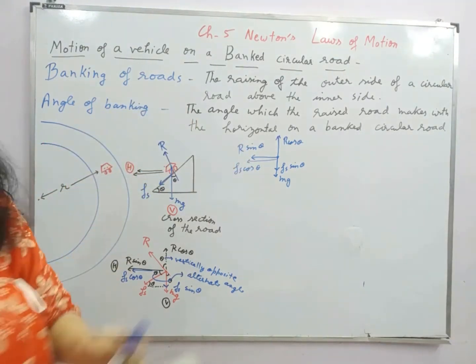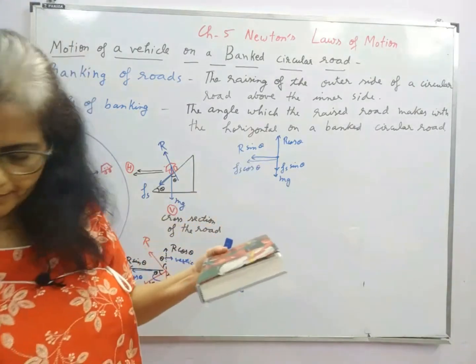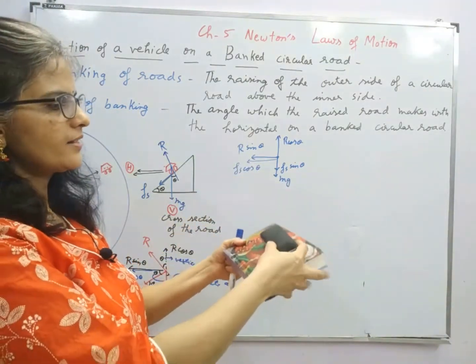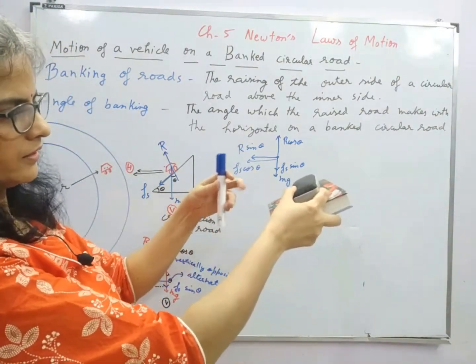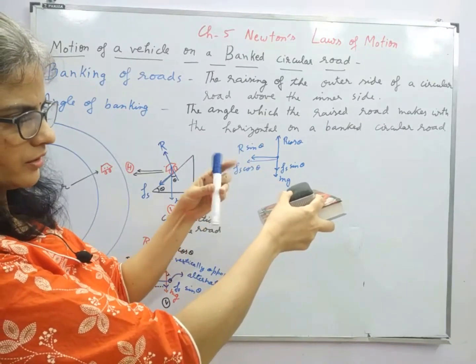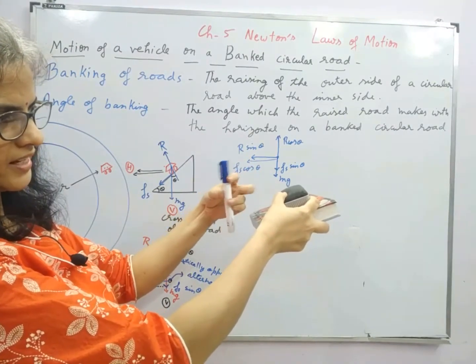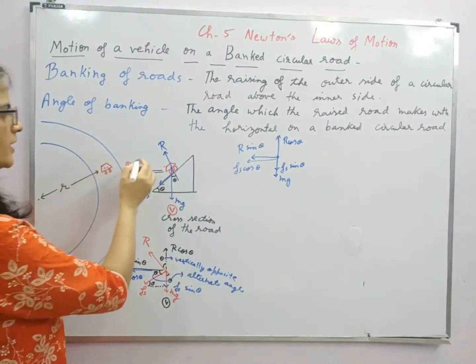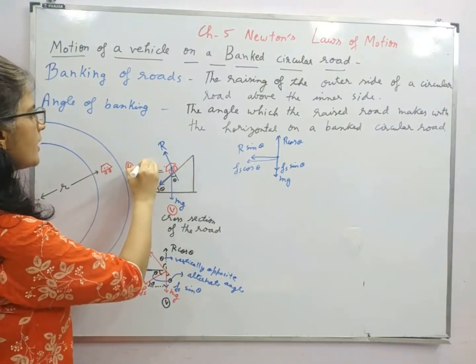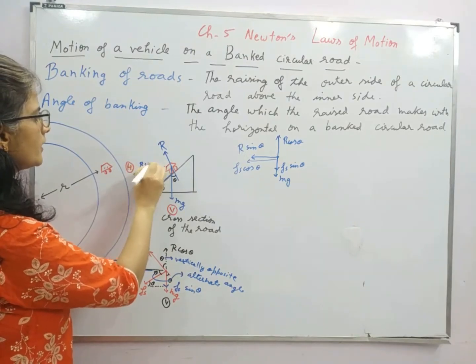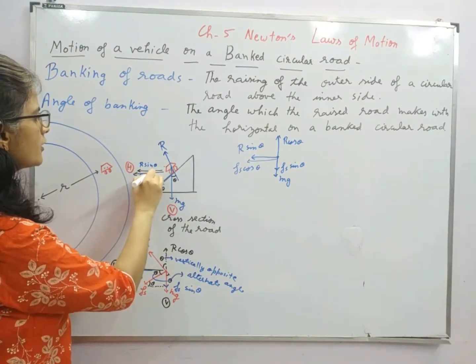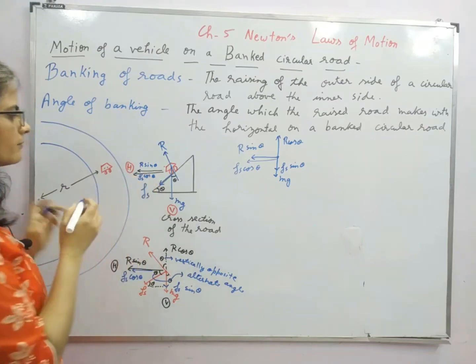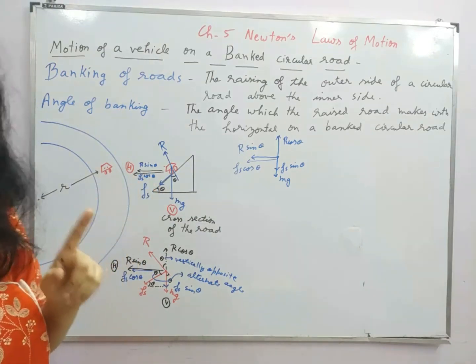As I told you, this is the car placed over here, right? And this car is held on the circular path by keeping it on the central line. So these two forces are keeping it on the central line of the circular path. So what are these? I have already mentioned here, this is R sine theta and this is Fs cos theta, right?